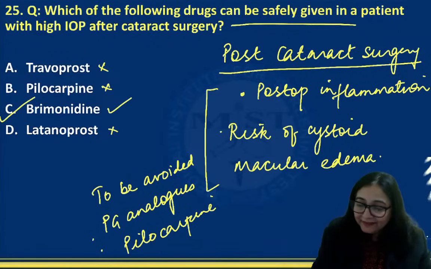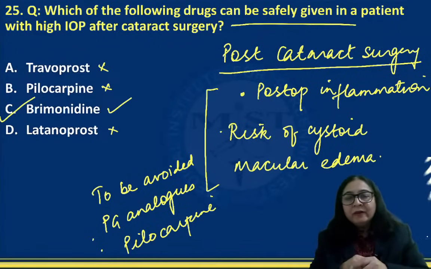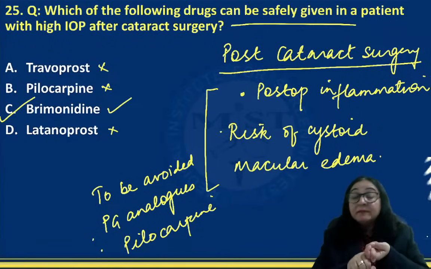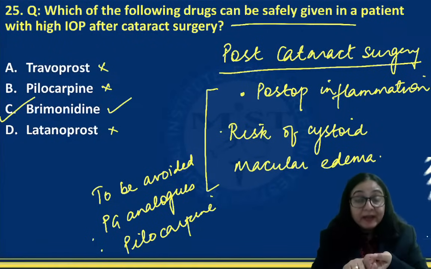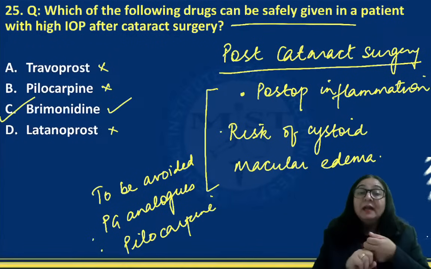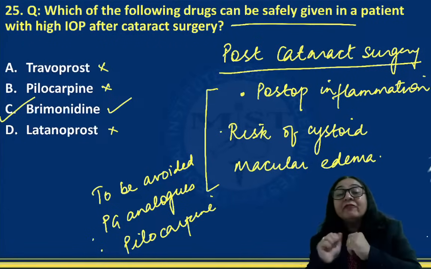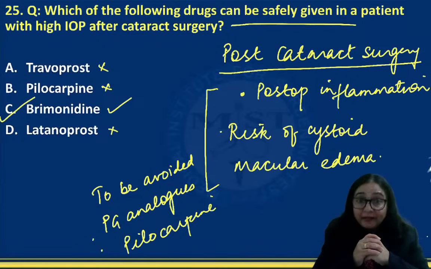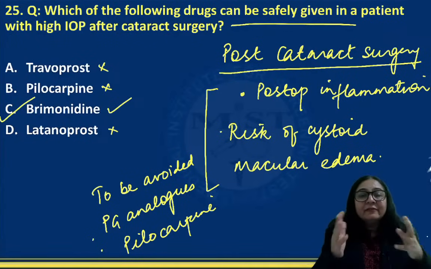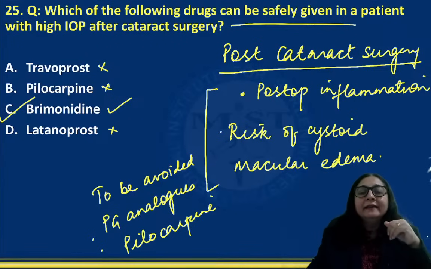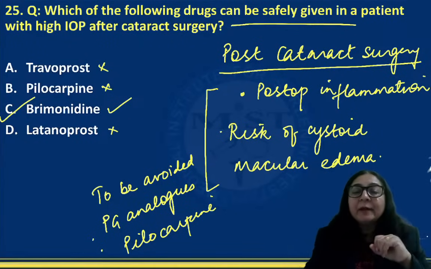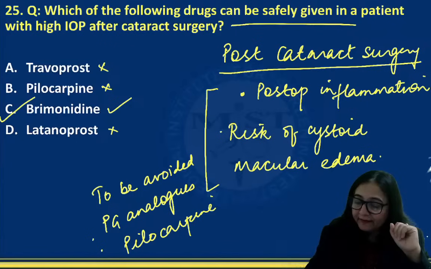Timolol or beta blocker, you will not be giving in asthma, heart block or COPD. Brimonidine you will not give to children because of the sleep apnea. Brimonidine is safe for patients who develop high pressure during pregnancy. You should have a quick recap of anti-glaucoma drugs before your exam.